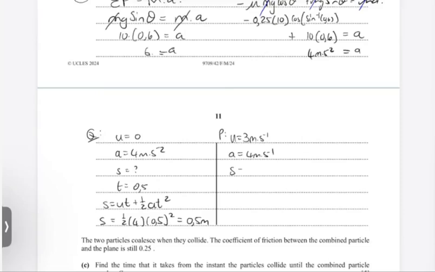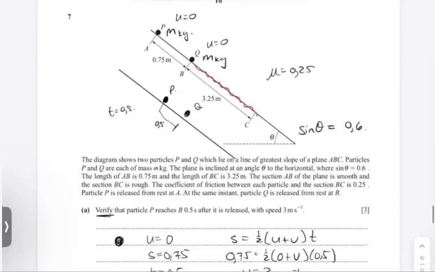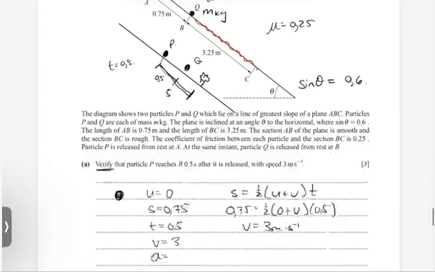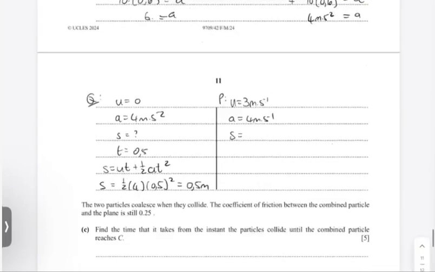It needs to go a distance, so they're going to collide somewhere over here. I'm just going to say it's going to go a specific distance, s, and a specific time, t. Ooh, I'm running out of space here. So it's starting at 3, it's got time, half times 4t squared.